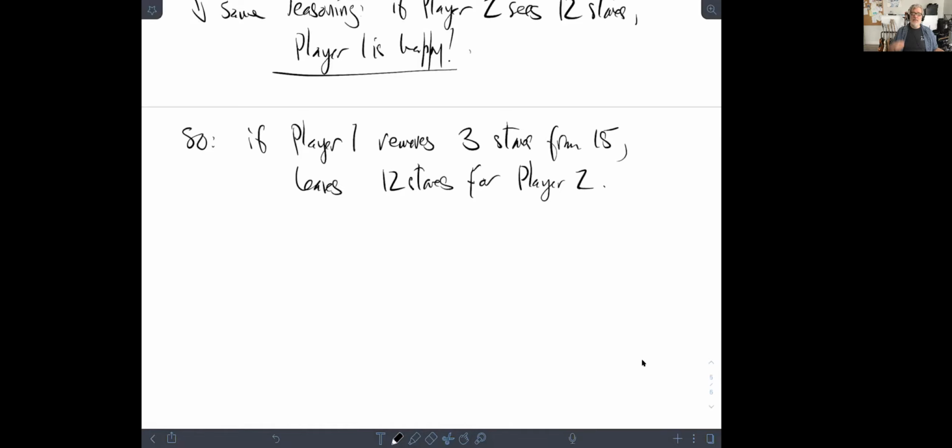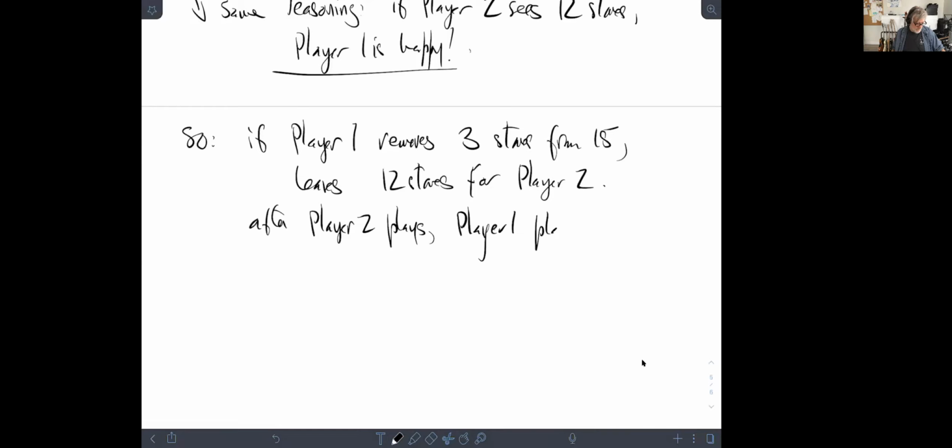And then player 2 will play and player 1 will play to leave. So after player 2 plays, player 1 plays to leave 8 stones.